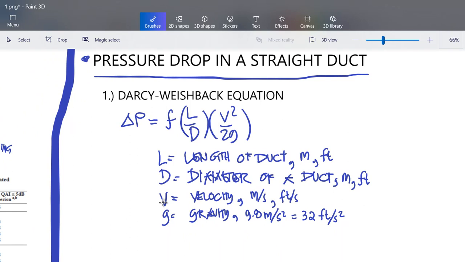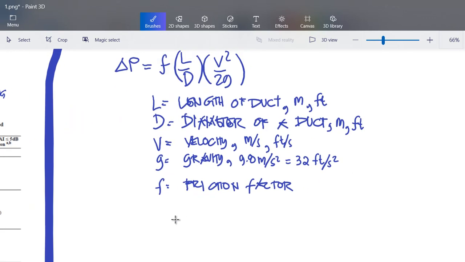Now for the value of f, so your f is what we call the friction factor. So from here we need to use the Reynolds number.